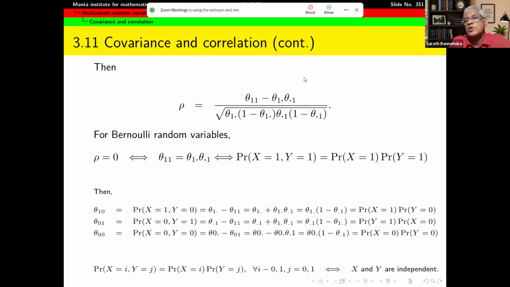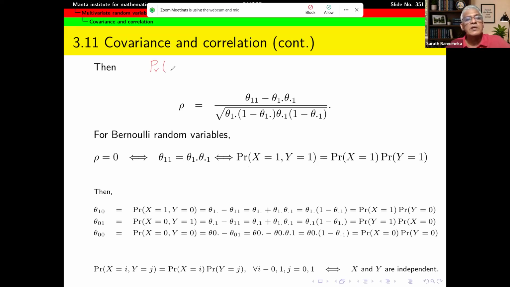But that alone does not show that x and y are independent. For x and y to be independent, we should be able to write down this expression for all possible values, right?